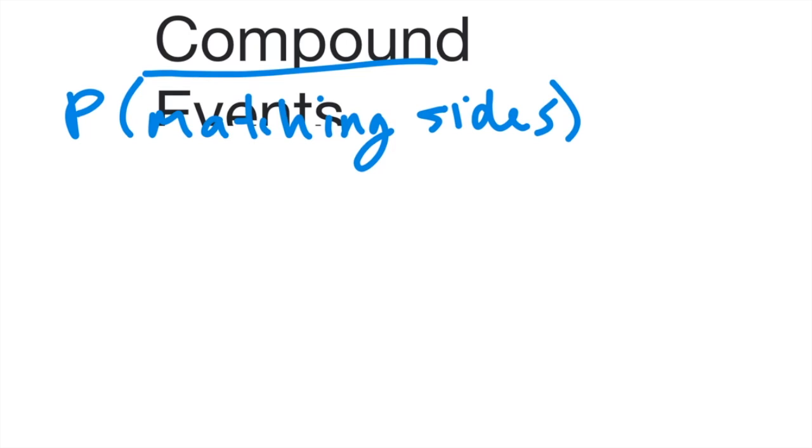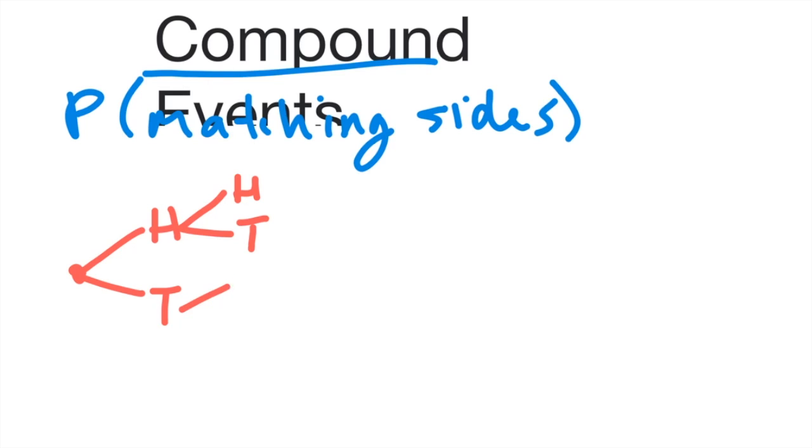Now typically with compound events, you're going to want to make a list of all the possible things that can happen. On the first coin that I flip, I can get heads or I can get tails. On the second coin that I flip, let's say I got heads on the first one, and now I'm flipping again, I can get heads or tails again. Let's say on the first one I got tails, I'm flipping again, I get heads or tails on the second one.